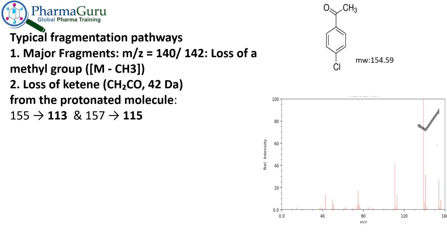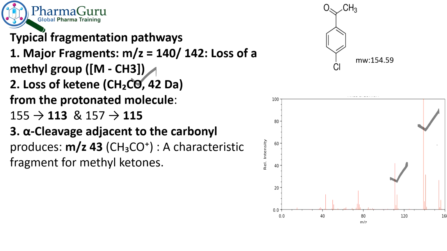The second fragment is observed at 113 and 115. It is loss of CH2CO. Alpha cleavage adjacent to the carbonyl produces m/z 43. The LCMS spectrum also confirms the same.